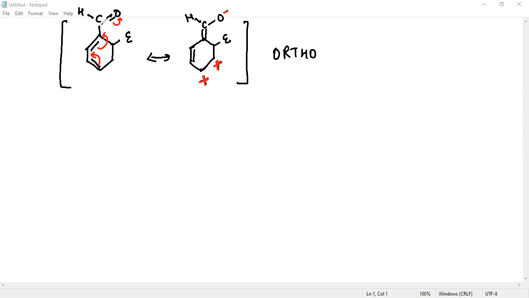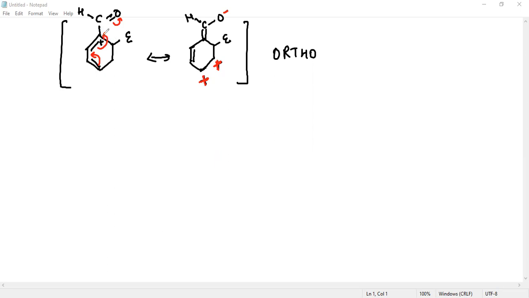Since this carbon is attached to oxygen, which is electronegative, this carbon is partially positive. I will go ahead and put a plus sign here because this is a carbocation. You're going to get one of the intermediates like this when you attach your electrophile at the ortho position.